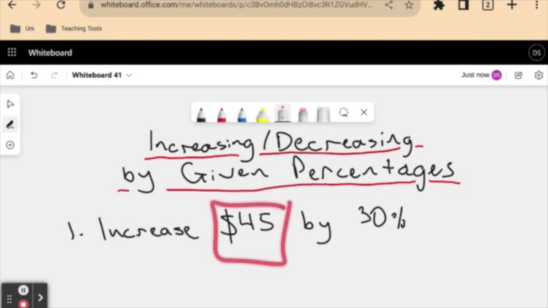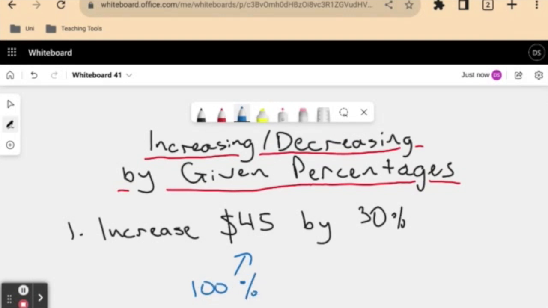Now, 45 is essentially what we started with. So we can say that this $45 makes up 100%. It is our whole that we begin with. And we are applying some percentage increase to it.